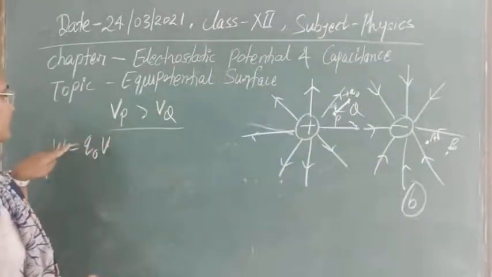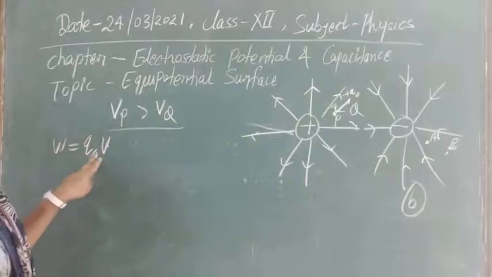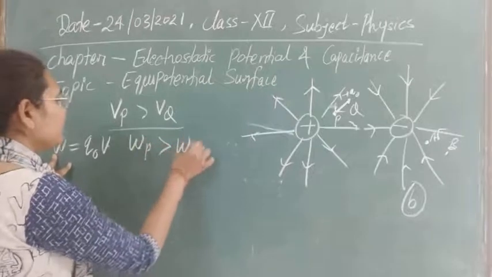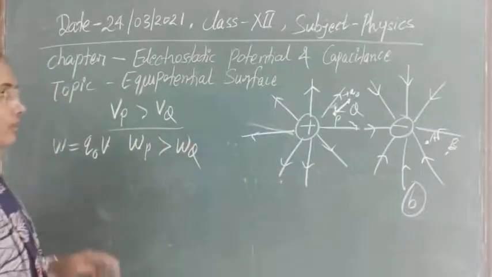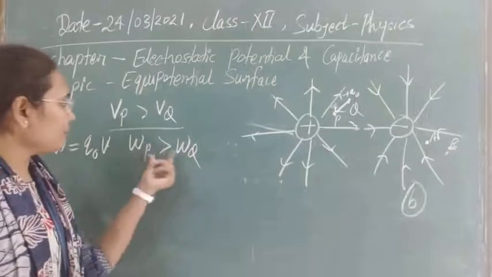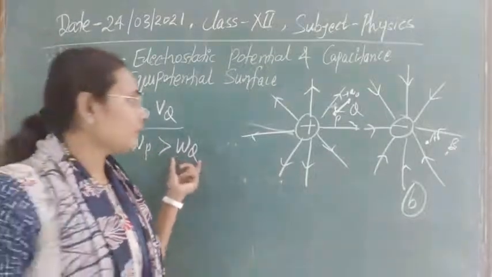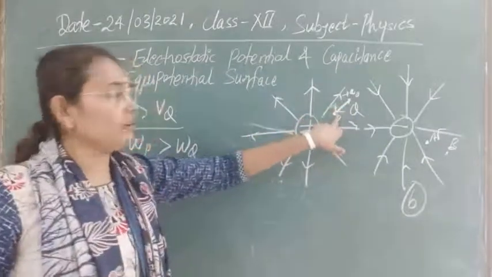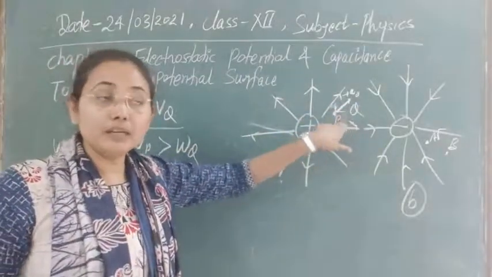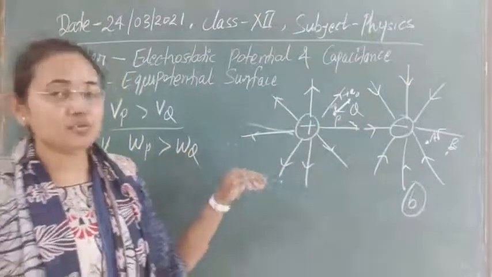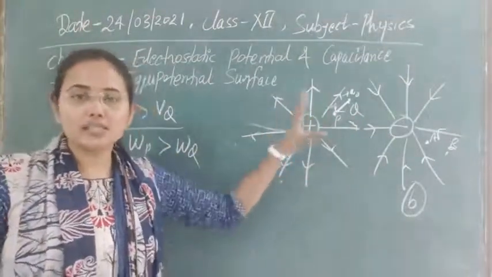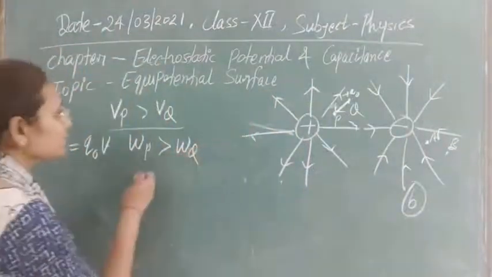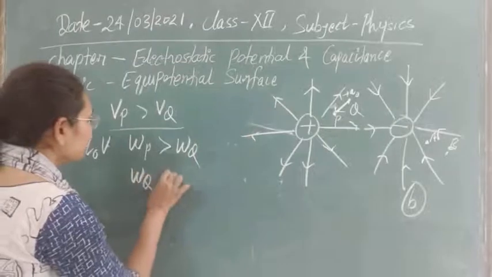So from this discussion, as potential Vp is greater, the work done at point P should be greater than the work done at point Q. So if the work done at point P is greater than at point Q, then whenever we move it from Q to P, the field has to do some work on the system. It means that work is being done by the field, because if you see here WQ minus WP, the change in work done from here to here.